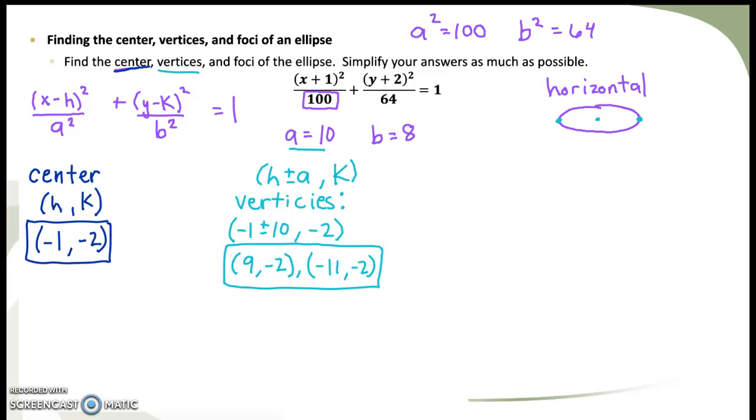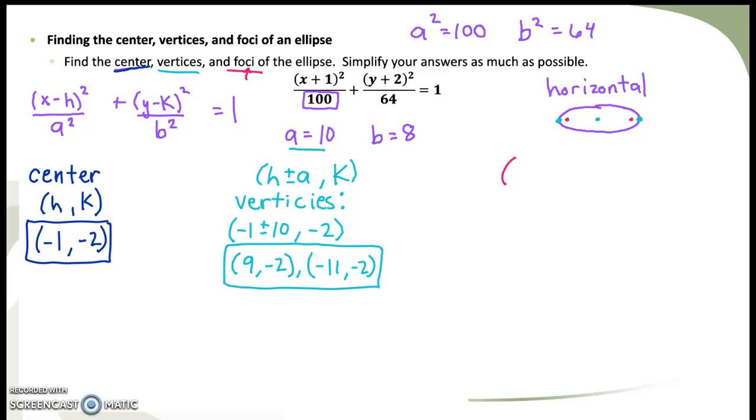Now for our foci, we have a c there, so we need to find c for our foci because our foci happen right about here, totally approximating there.